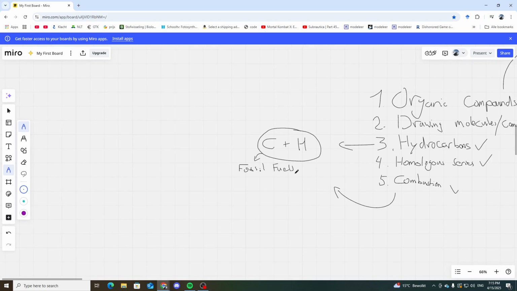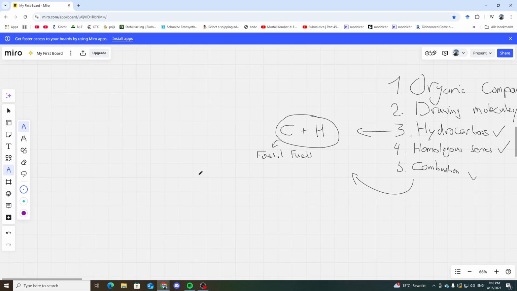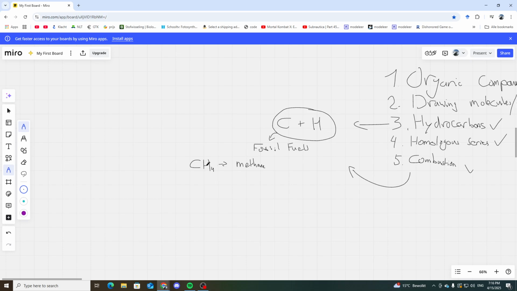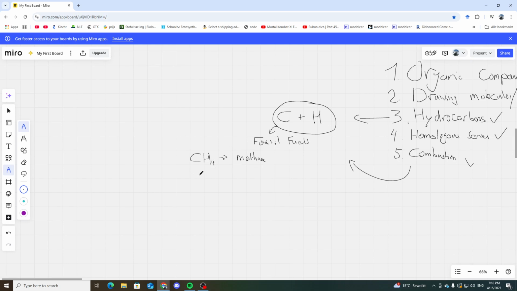So these fossil fuels we dig out of the earth, we burn them, and it generates energy. And more specifically, we combust these fossil fuels. So what does combustion mean? One fossil fuel is, for example, CH4, which is methane. So also what cows fart out. Methane. This is one of our fossil fuels. We also have C2H6, for example, which is ethane.